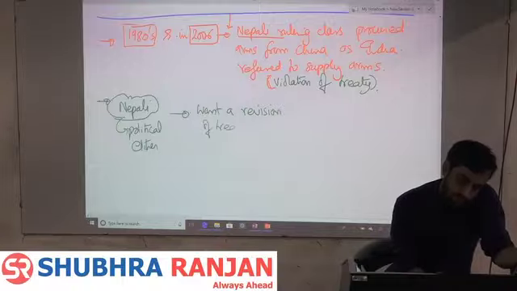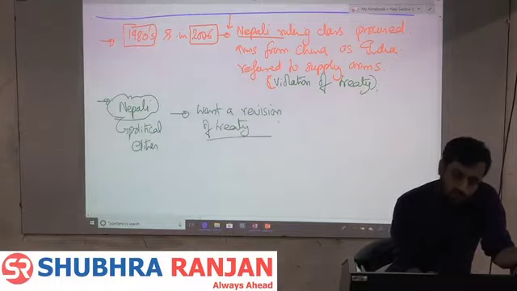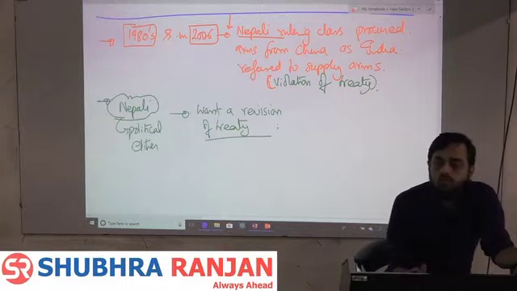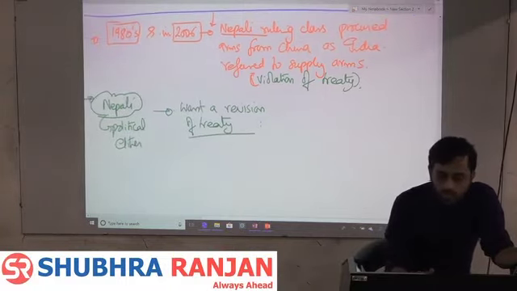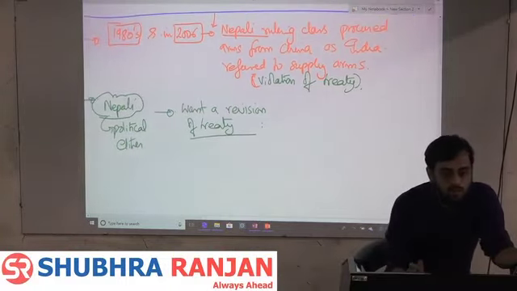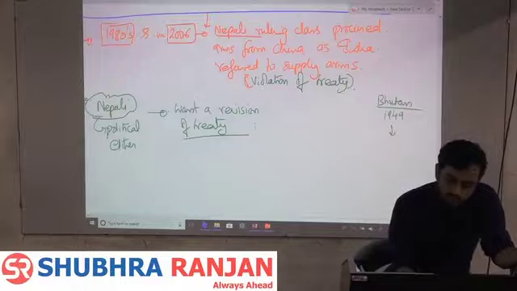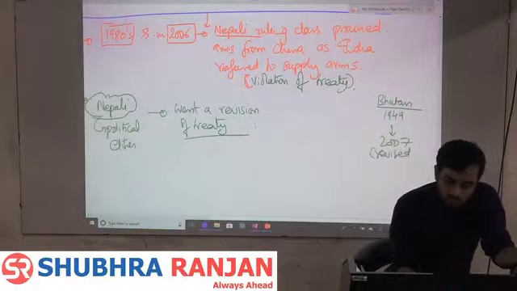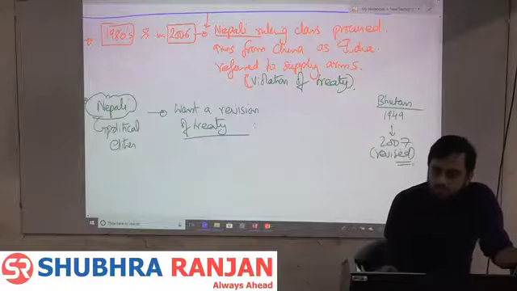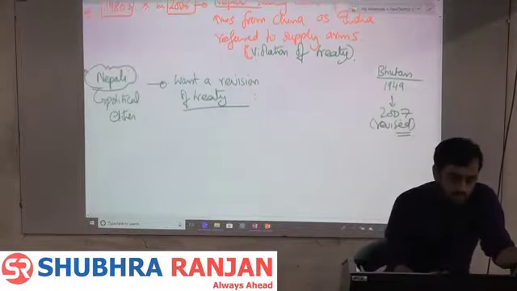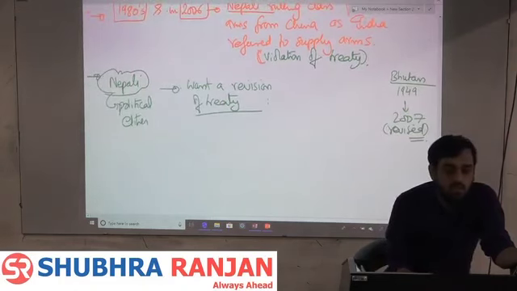It is worthwhile to note that in case of Bhutan, we also have a friendship treaty that was signed in 1949, and this treaty was revised in 2007. So India revised its friendship treaty with Bhutan, and we'll talk about that later. But Nepali politicians have also wanted a revision of the treaty from time to time.